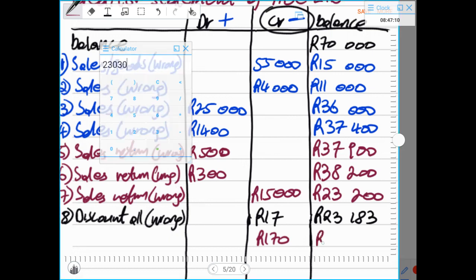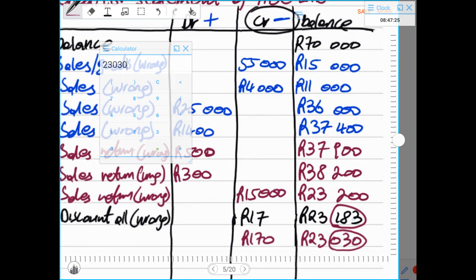So our balance was supposed to be 23,030 rand. But here we have 23,183. So the balance is more than it was supposed to be. This is more, this is less.